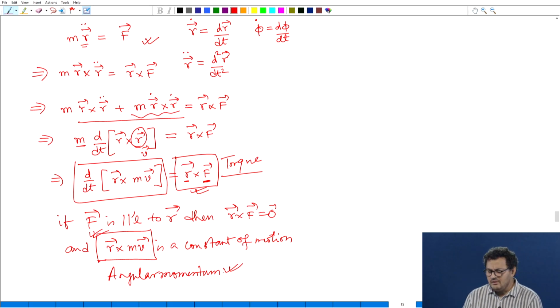Just like linear momentum is at the base of any translational motion, angular momentum is at the basic level of any type of rotational motion. You will understand this when you go to more advanced topics in classical mechanics. I will now do another thing.